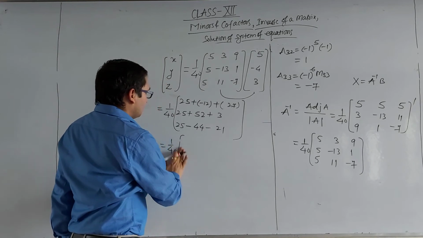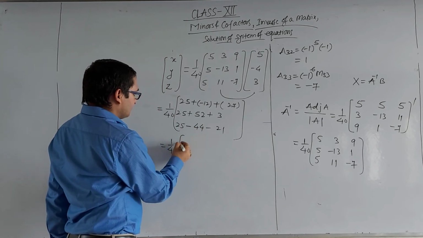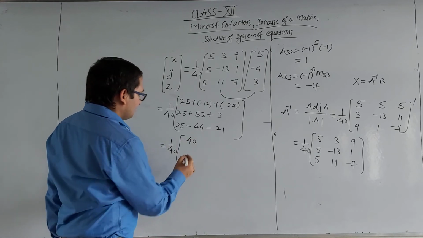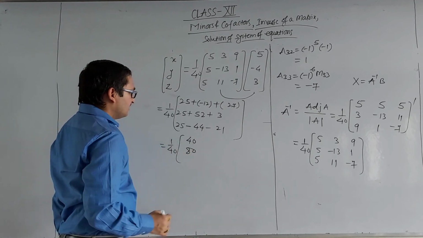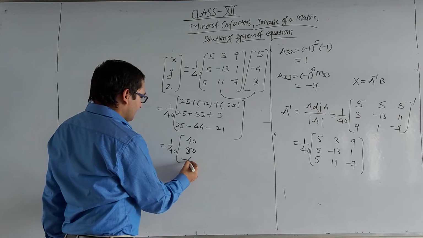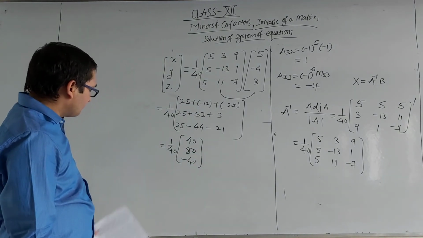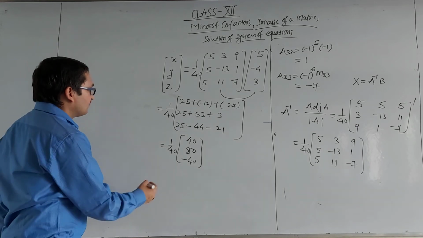Now let me check the values. I think this will be 40, this will be 80, and this will be minus 40. Check once. This will be 40, 80 and minus 40.